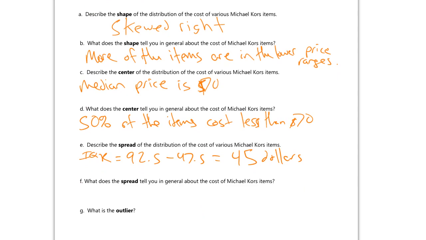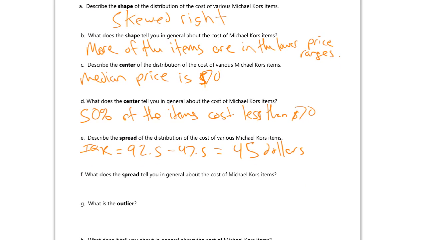Okay, that's the IQR, that's describing the spread. What does it tell us? It tells us that the middle 50% of items is spread out by $45. It's like the range of the middle 50%.